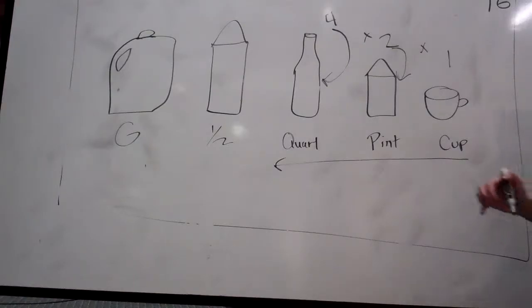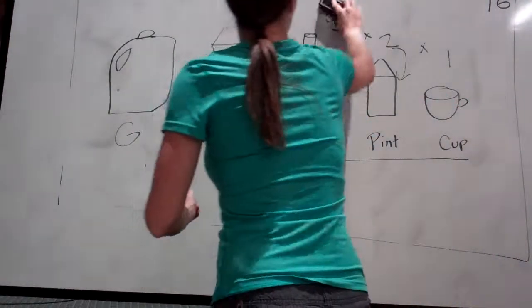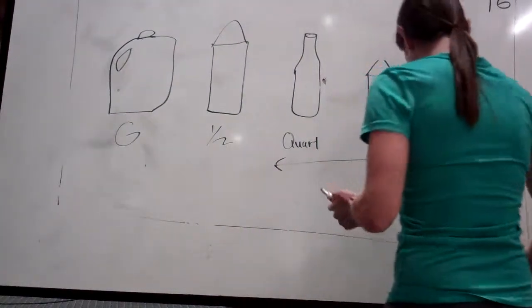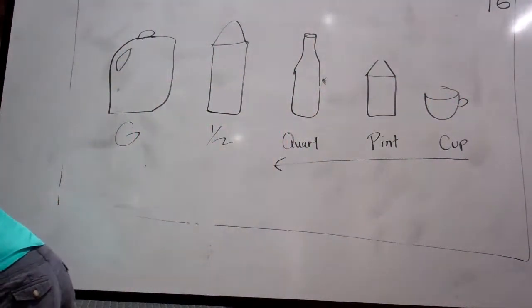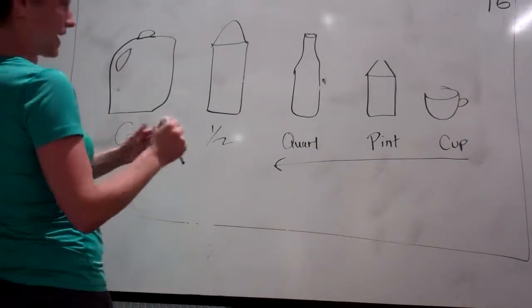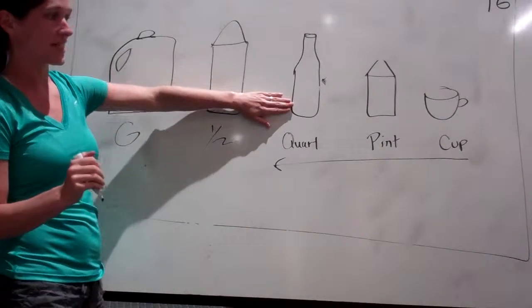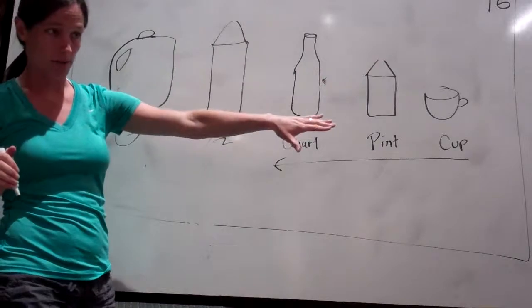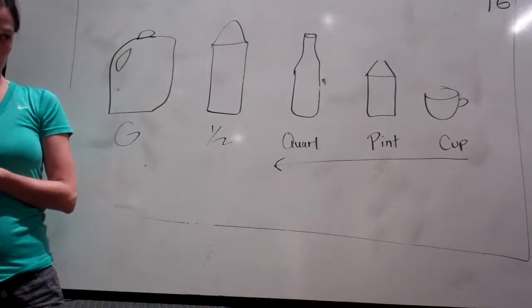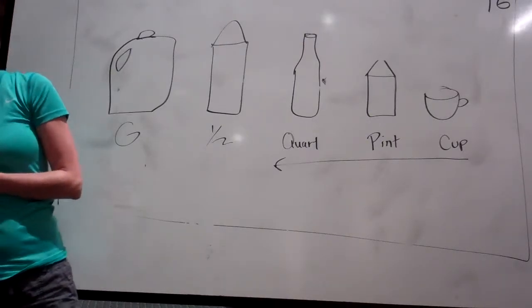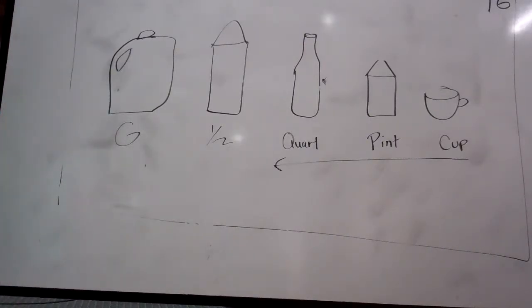But he told me that there were 8 cups. So again, let me see what I did here. How many quarts is 8 cups? Okay, so how would I do this? Did it ask me how many cups? No. How many quarts?